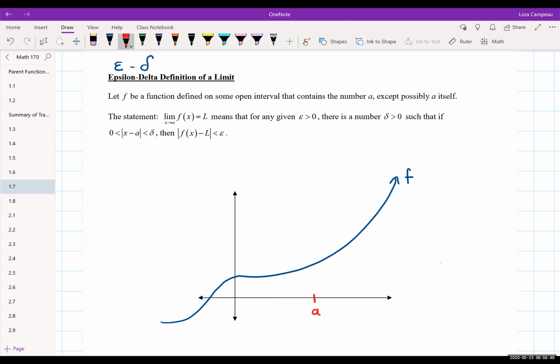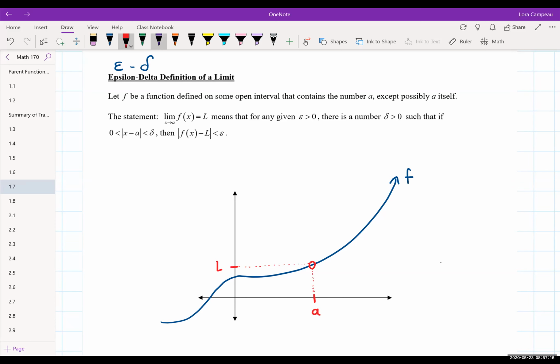So I'll go with finding the value on the function, finding the limit, there's my L, and we want to talk about the small distances from the limit.